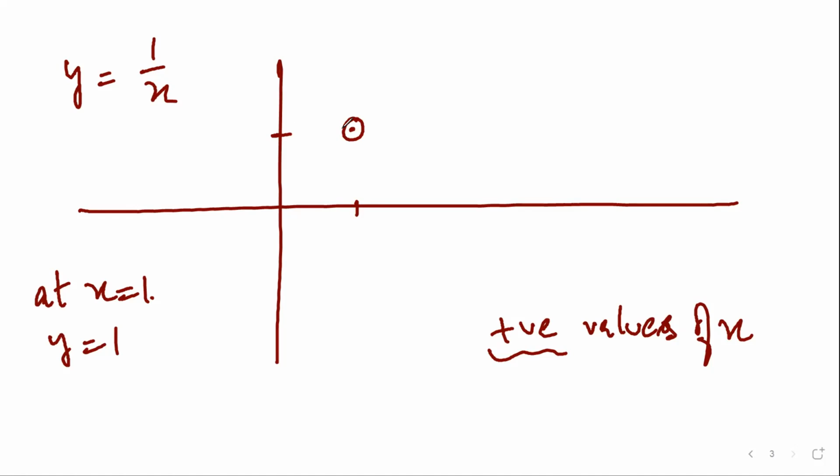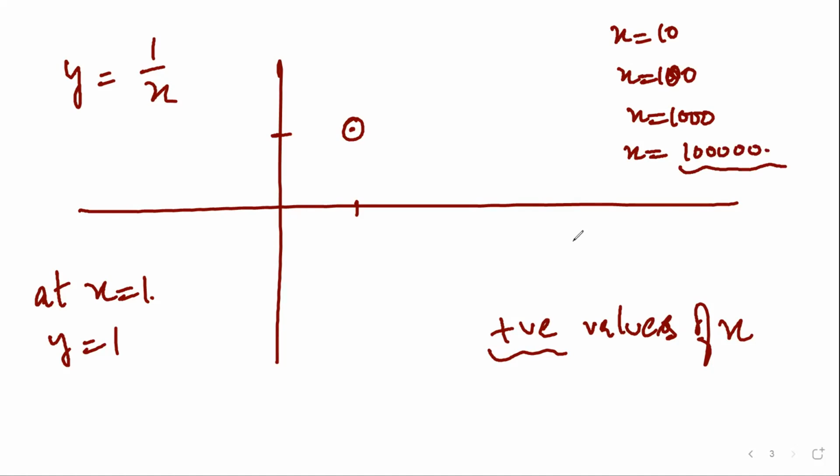Now, see, an interesting thing will start happening. So, for example, I put my x is equal to 10, x is equal to 100, x is equal to 1000, x is equal to 1 lakh. Now, if you see x is equal to 1 lakh, y is equal to 1 upon 1 lakh. This would be something like 0.00001.